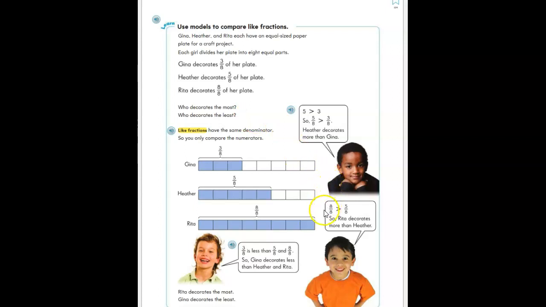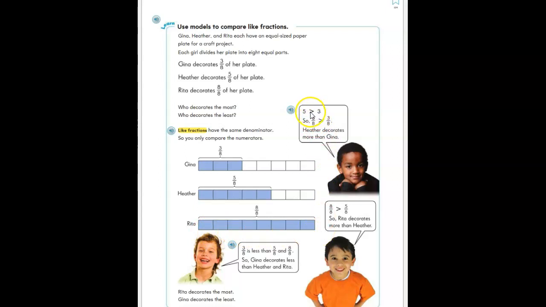We can see that information down here, since we don't have a plate available, or maybe you do at home. This is how much Gina decorated, 3 pieces out of a total of 8. Heather decorated 5 out of a total of 8, and Rita decorated 8 out of a total of 8.